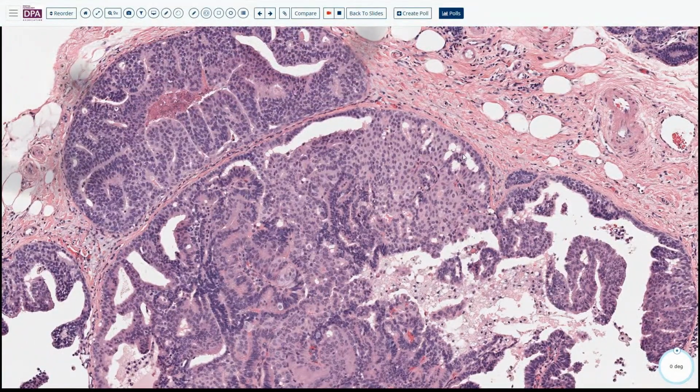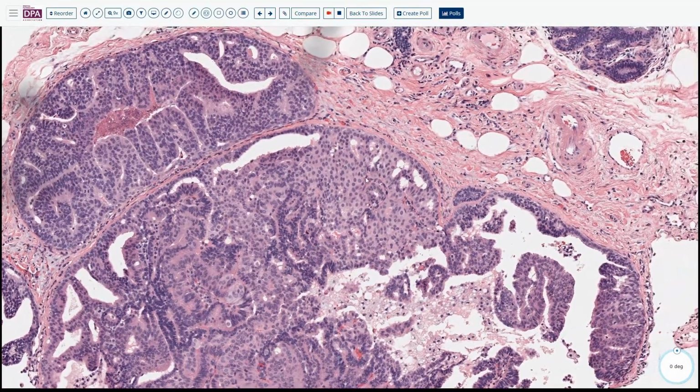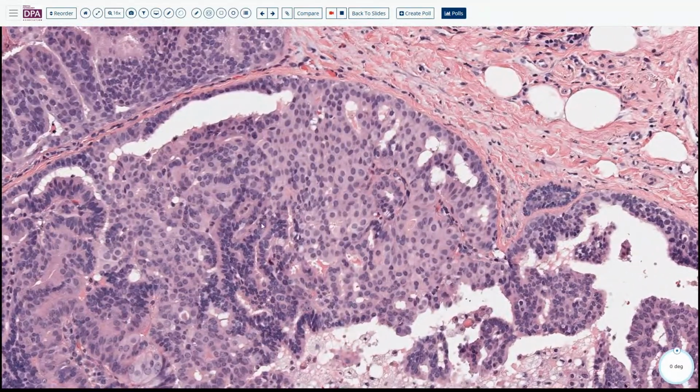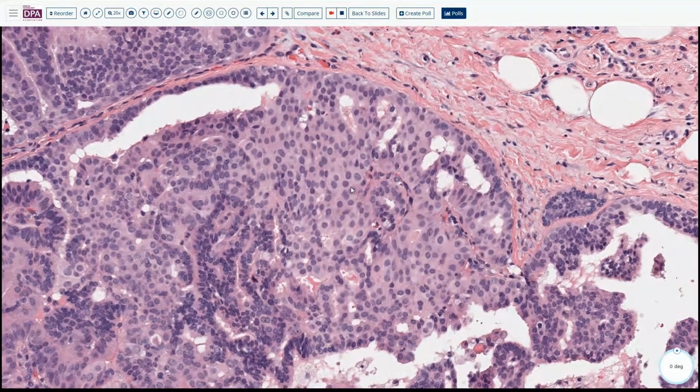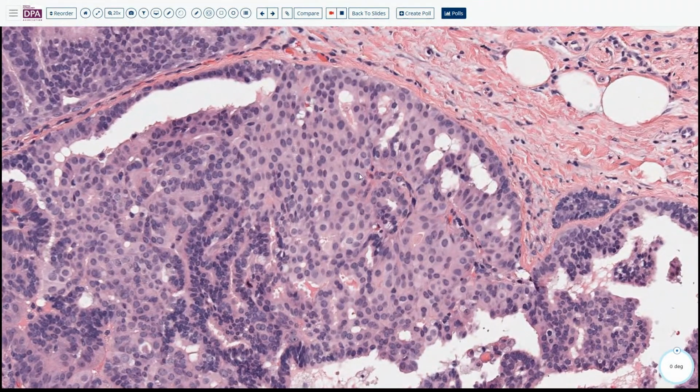We have this cribriform formation, and we also can see, comparing the benign luminal cell and this atypical cell, that the cells overlap each other. They do not respect each other's border. But this monoclonal cell respects each other and forms this solid sheet. So this is the tumor cells. You can see they just respect each other.